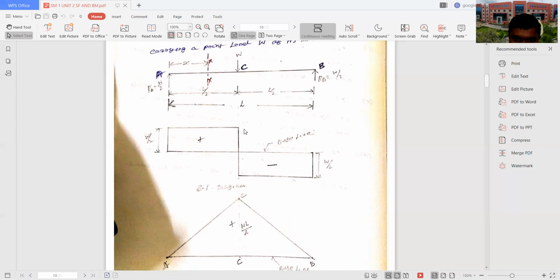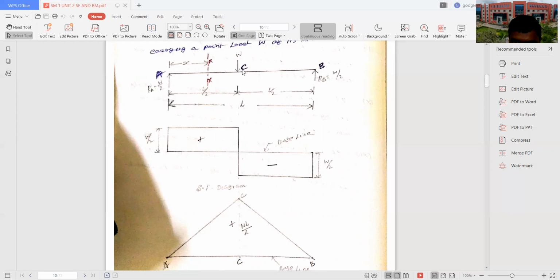Therefore, minus W plus W by 2. What will happen? Plus W by 2 minus W, therefore you will get minus W by 2. So this diagram will come to minus W by 2 because of this W downward, negative.